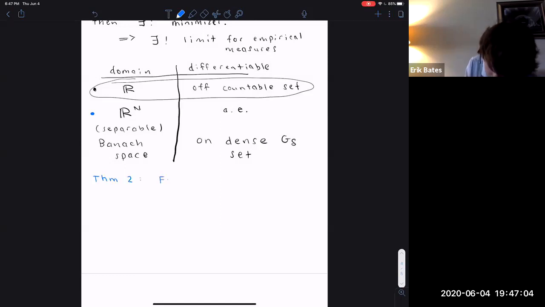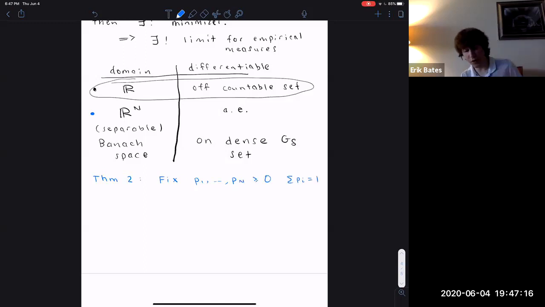So let me fix any P1 up to Pn that are non-negative that sum to 1. So just fix any probability vector. Then, here's the conclusion.